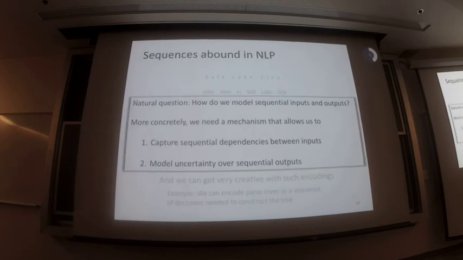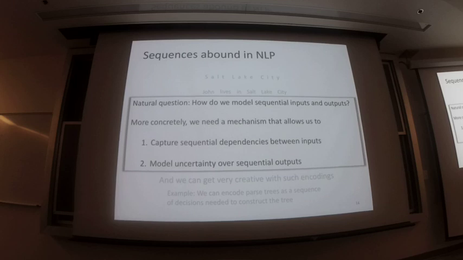So more concretely, what we want to look at in our lecture for today is this: we need a mechanism that allows us to capture sequential dependencies between inputs. So we want to be able to differentiate between I live in Salt Lake City and live I Salt Lake City. Because in I live in Salt Lake City, the words or the sequences have certain dependencies among themselves, and live I Salt Lake City also has certain dependencies.